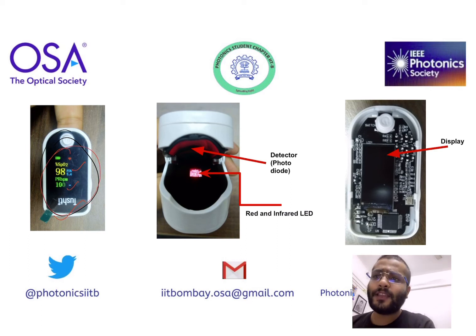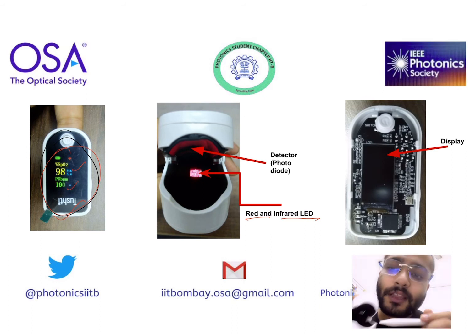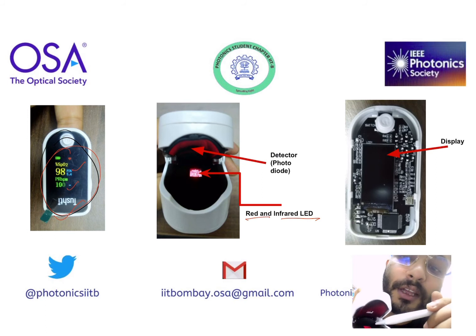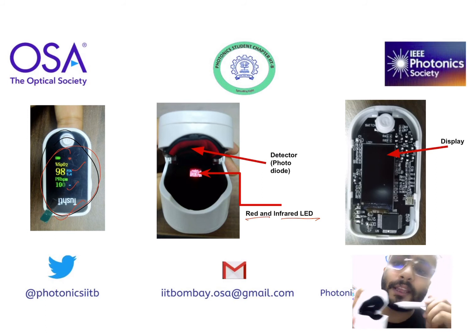And what is there? In the oximeter, basically there is a red LED as well as an infrared LED. When we switch it on, you can see one LED blinking here.